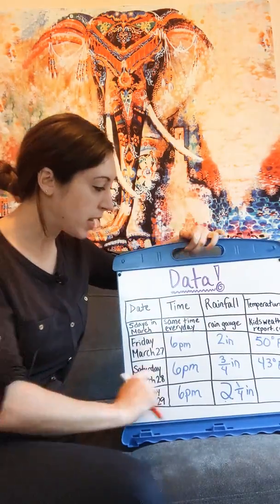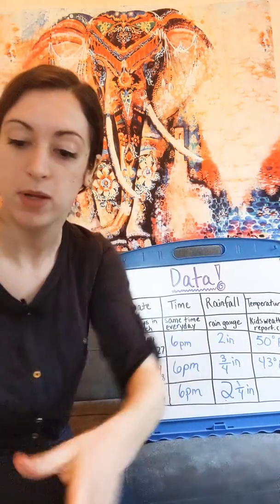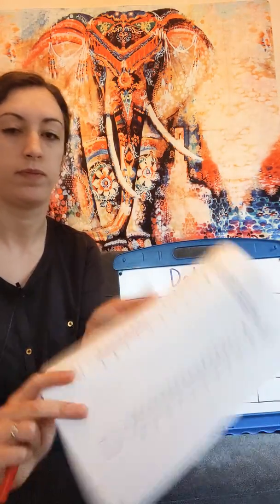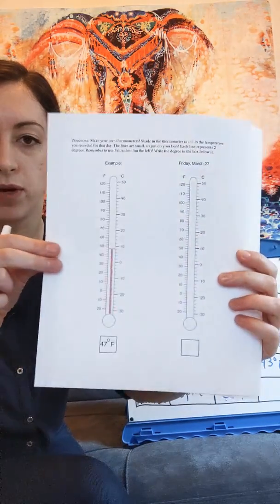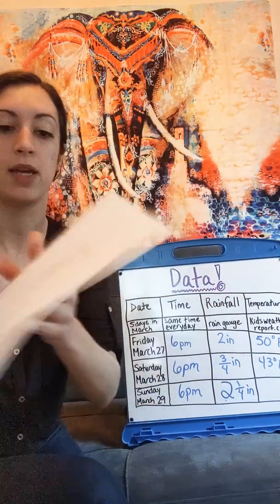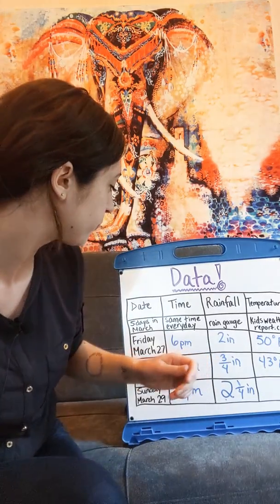So let's go back to Friday. Let's say your paper looks like this. That's an example. It's already filled in for you. So you have Friday, Saturday, Sunday, for the rest of March, for 5 days.